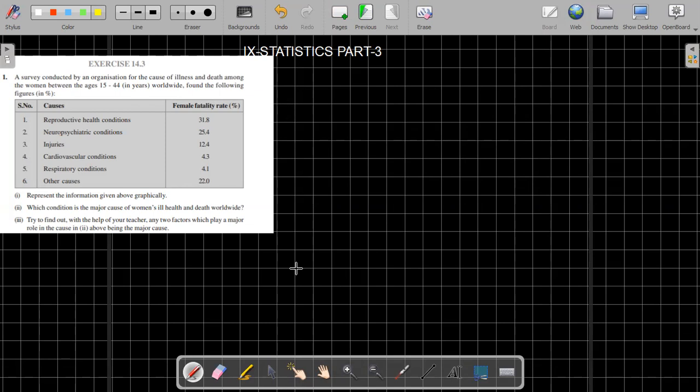So suppose this is our x-axis. And this is for y-axis.